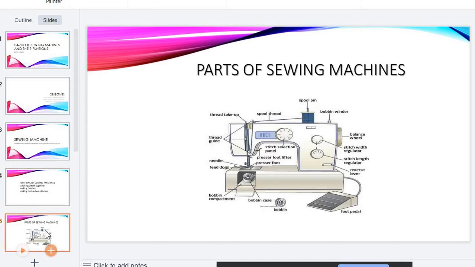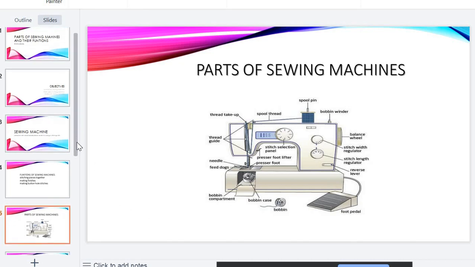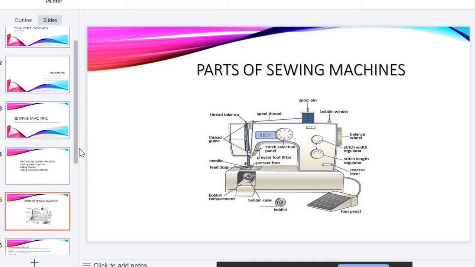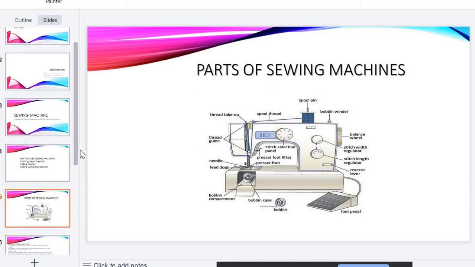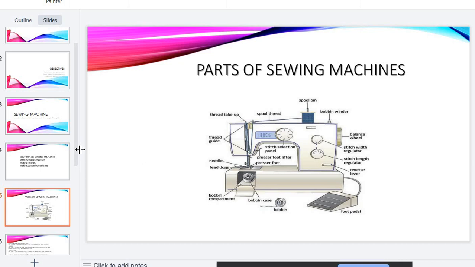Now, can you name some examples of parts of sewing machines? Balance wheel. Yes.